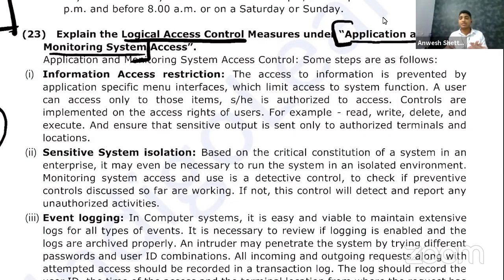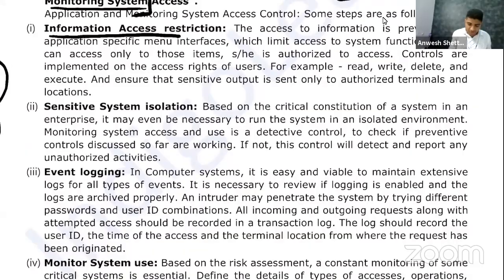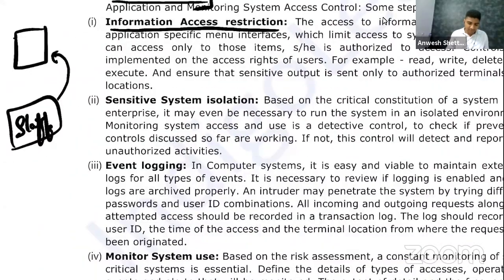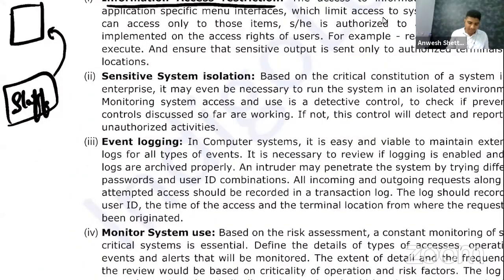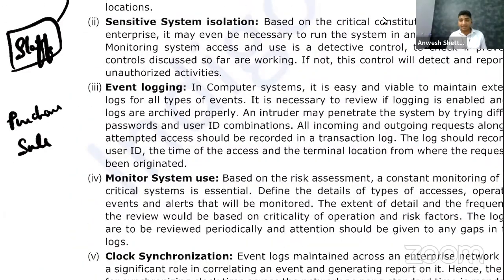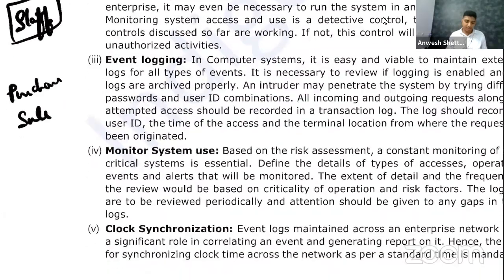Now the question is, how do you protect them? One is information access restriction. Information access restriction means your normal departments, let us say your purchase department or your sales department, should not have access. Everybody uses a computer. Purchase department uses a computer, sales department uses a computer.